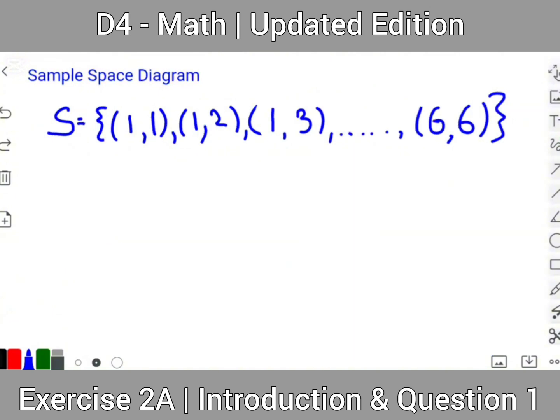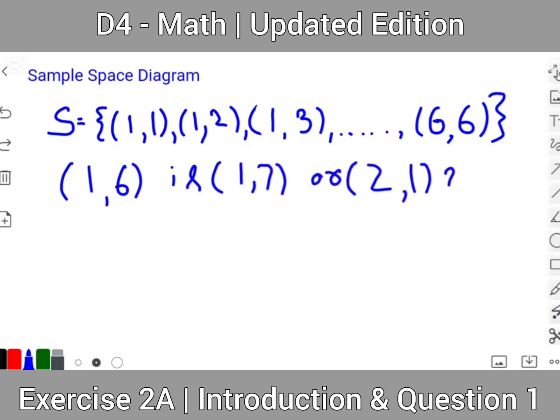What does the ellipsis represent? It is not clear whether the outcome after 1, 6 is 1, 7 or 2, 1. It is not clear that the outcome after 1, 6 is 2, 1 and not 1, 7.